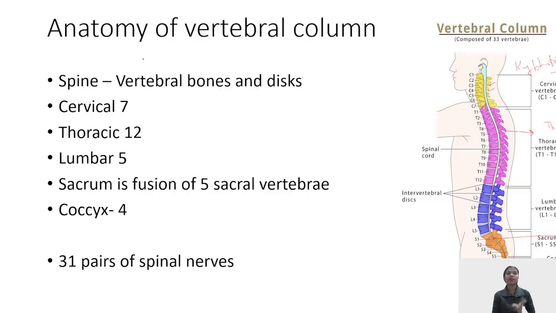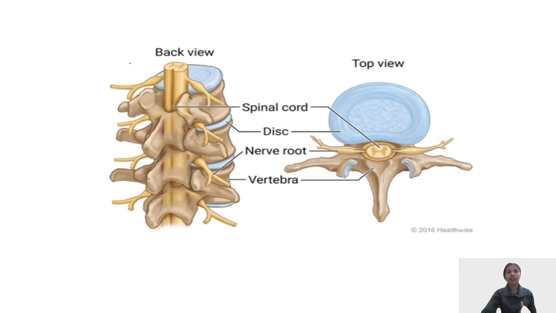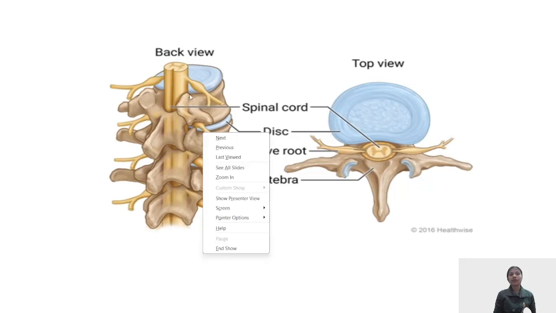We have 7 cervical, 12 thoracic, 5 lumbar, sacrum of 5 but fused together, and coccyx 4. You have to remember the numbers of the respective vertebrae. We have 31 pairs of spinal nerves that are coming out. Please remember that all the spinal nerves leave the vertebra one level lower. It is never from the upper border.